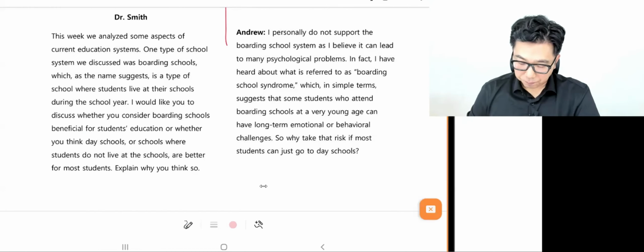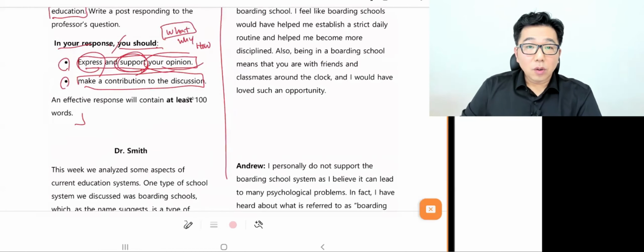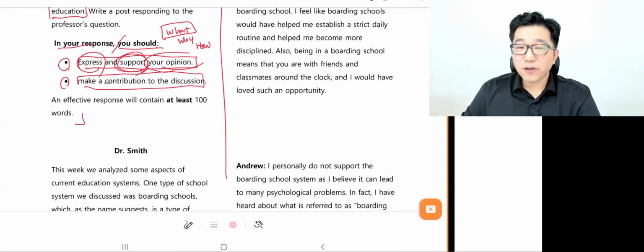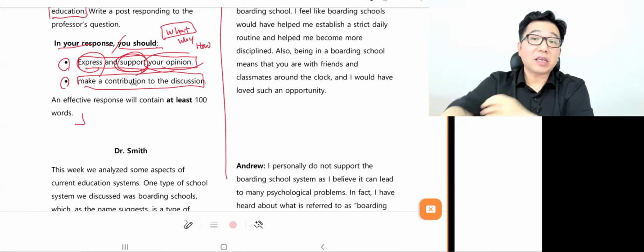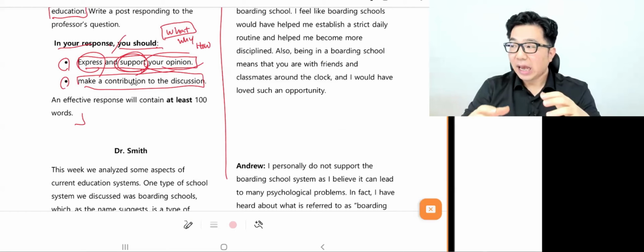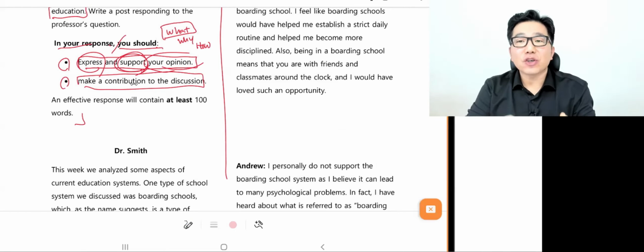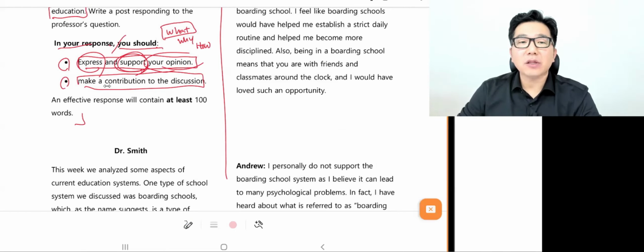All right. So what does it mean by contribution and make a contribution? Okay. Let's define this first. If you are making a contribution, then it means you are adding something. That's making a contribution, usually adding additional value. So let me explain this by giving you an analogous example. Okay.